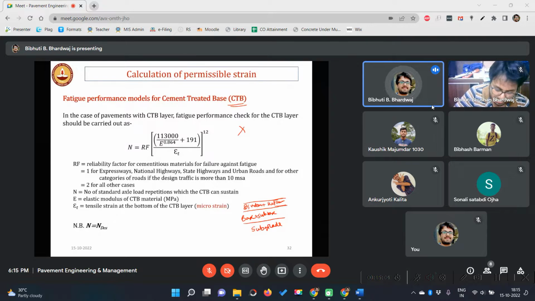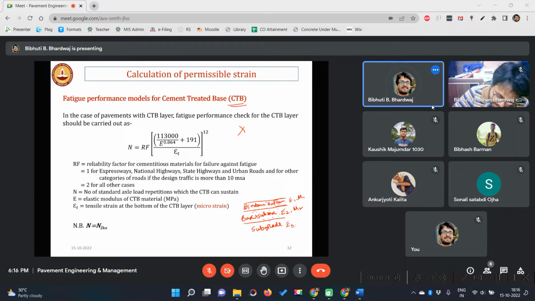So only 3 layers. So we first need E1, mu1, for these bituminous layers. Then again E2, mu2 for this granular layer. Granular means where aggregates are there, bituminous mix where bitumen and aggregates are there, and subgrade.